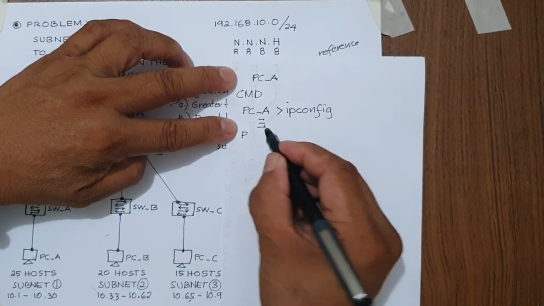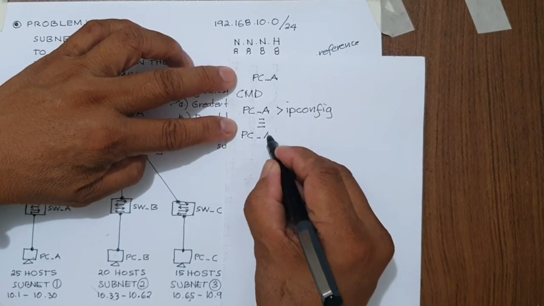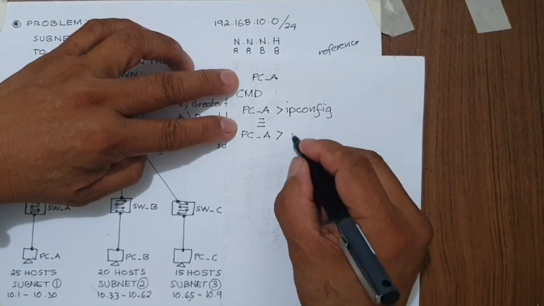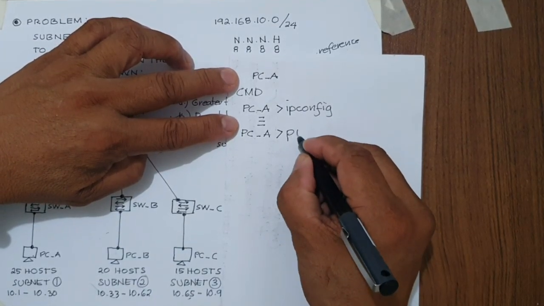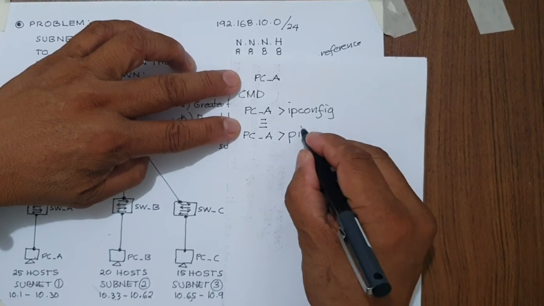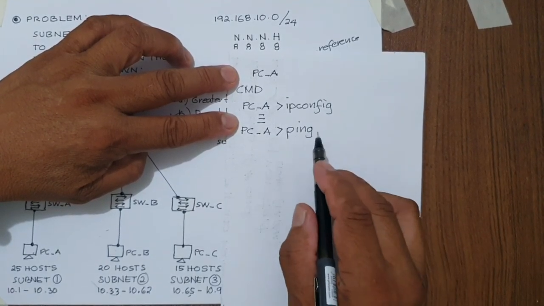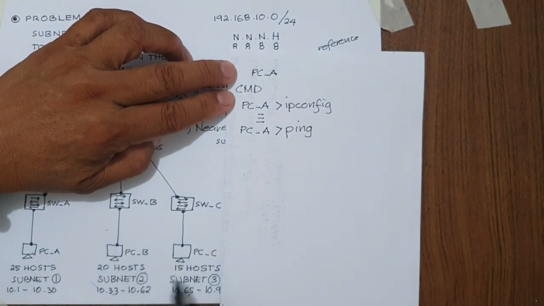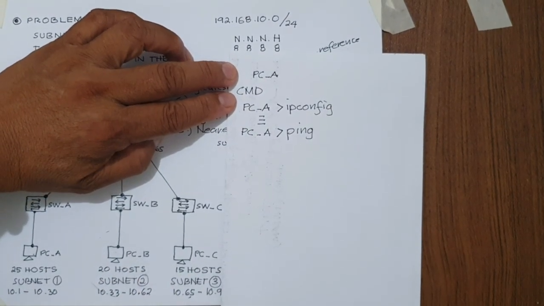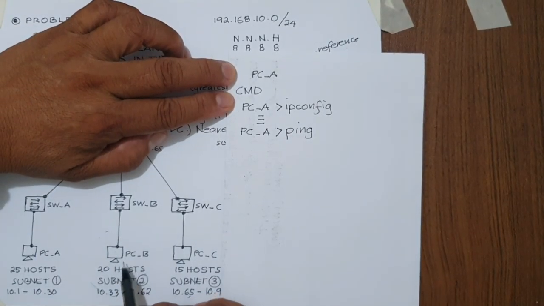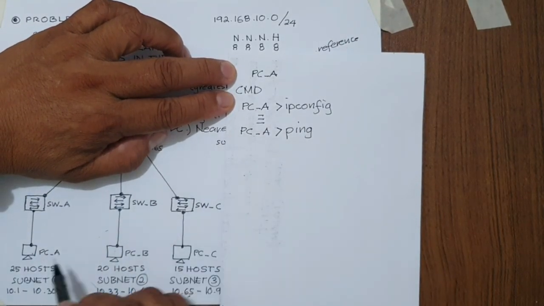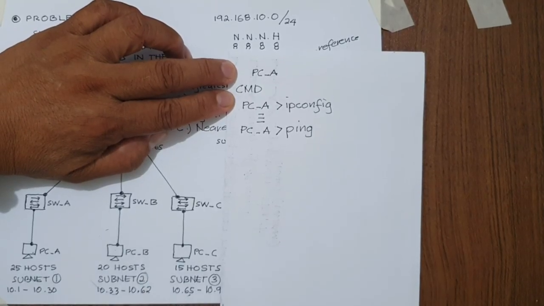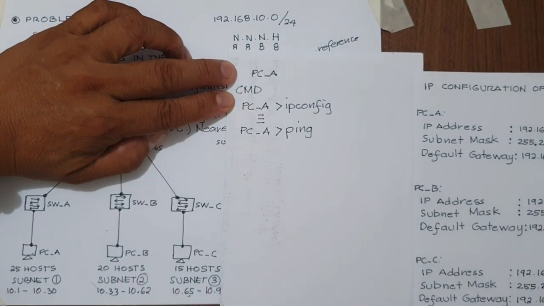So you just type ping. Ping stands for Packet Internet Groper. This is actually used to test connections between computers. So from PCA, you will try to ping the IP address of PCB. And what is the IP address of PCB?